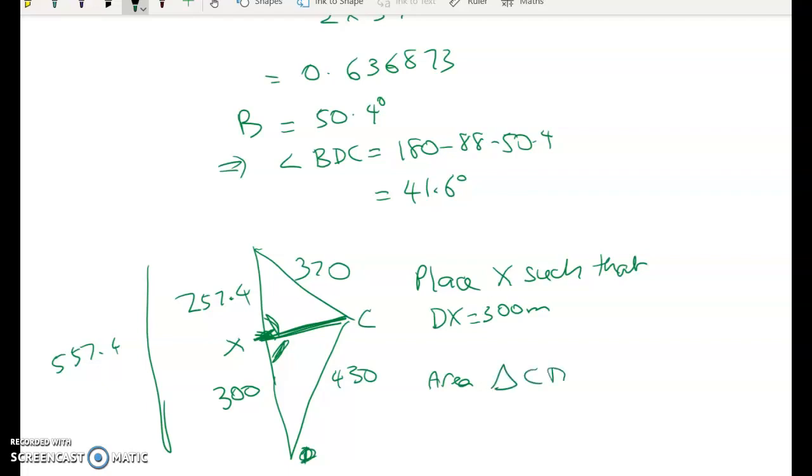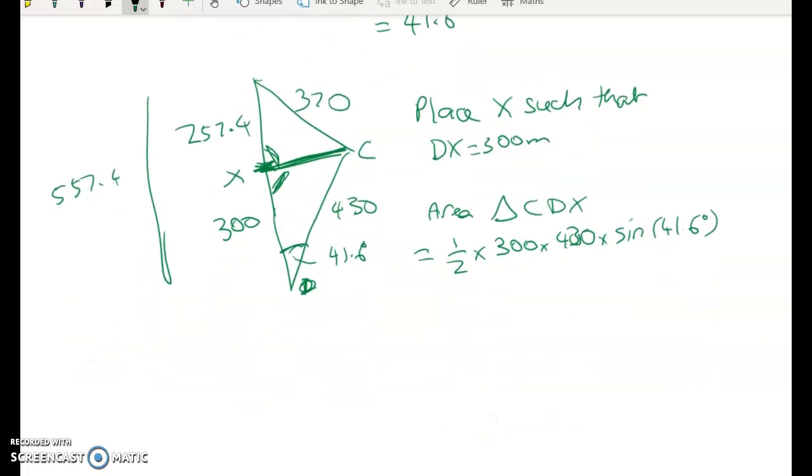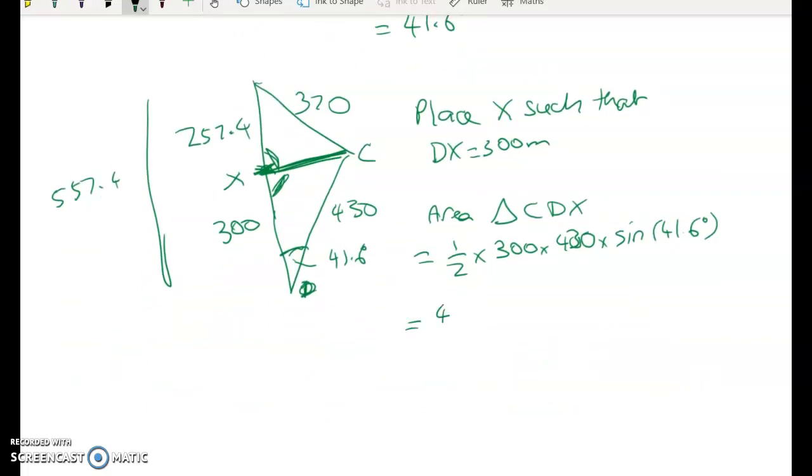Area of triangle CDX is equal to 1/2 times 300 times 430, and we know this angle in here is 41.6 degrees. Okay, and that gives me an area for that triangle of 42,823.2 meters squared.